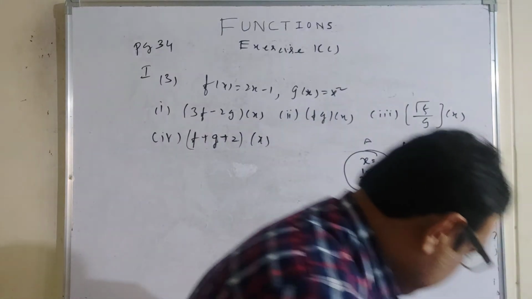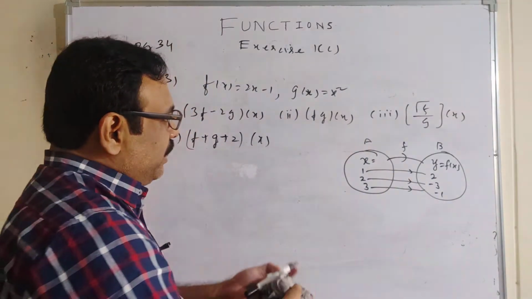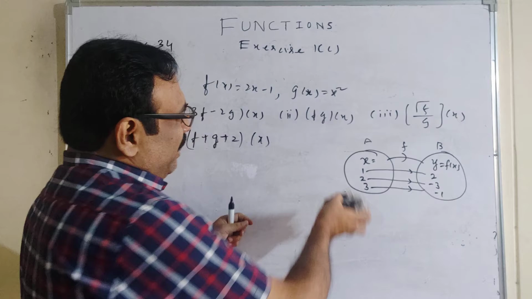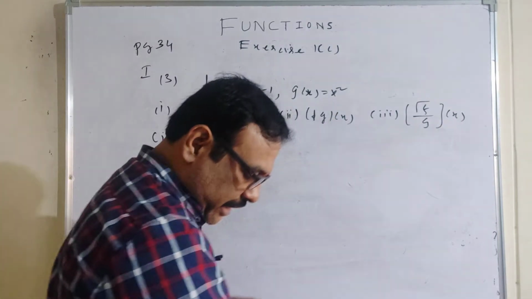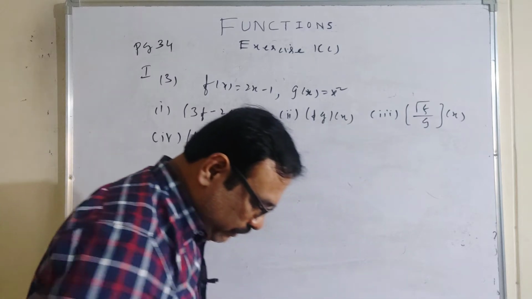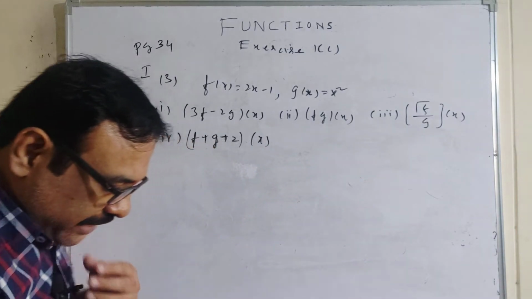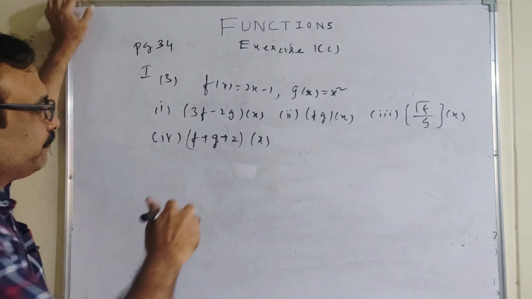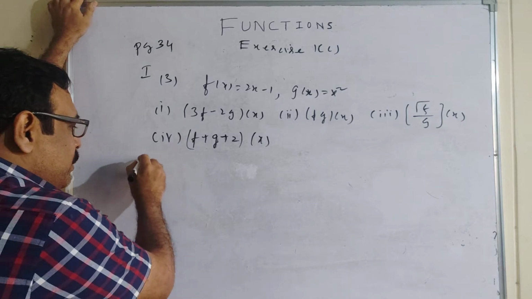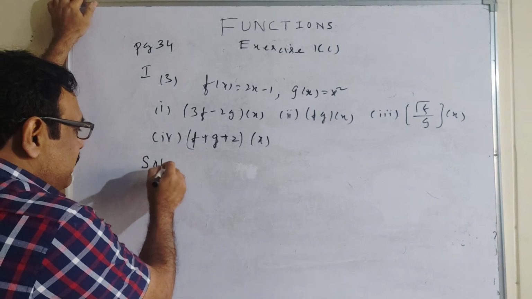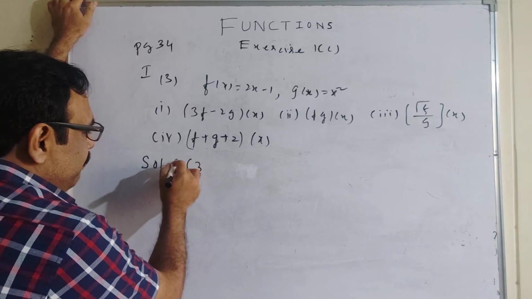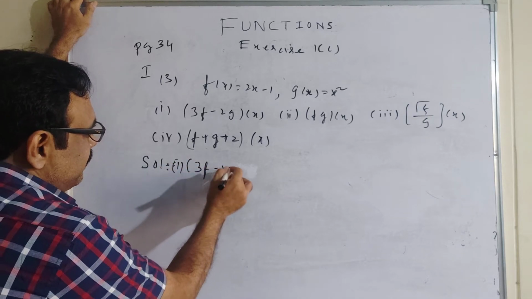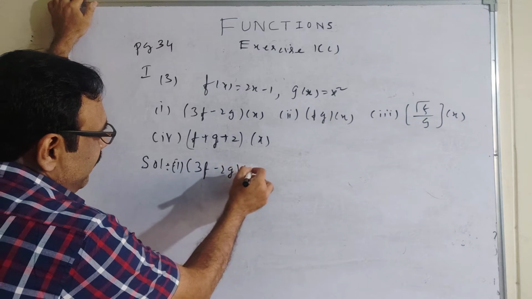Right. Now coming back to this point, f of x is equal to, in the given problem he has given 2x minus 1, g of x is equal to x square. First and foremost thing you need to understand, this is 3f minus 2g of x.